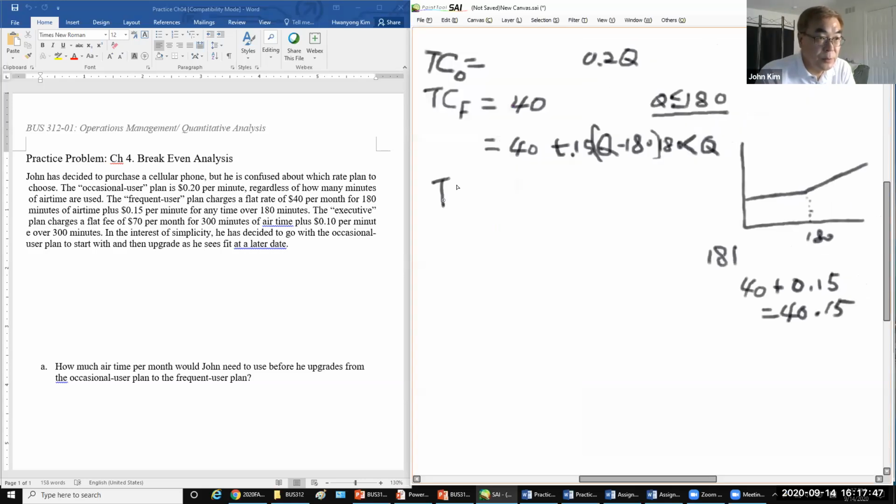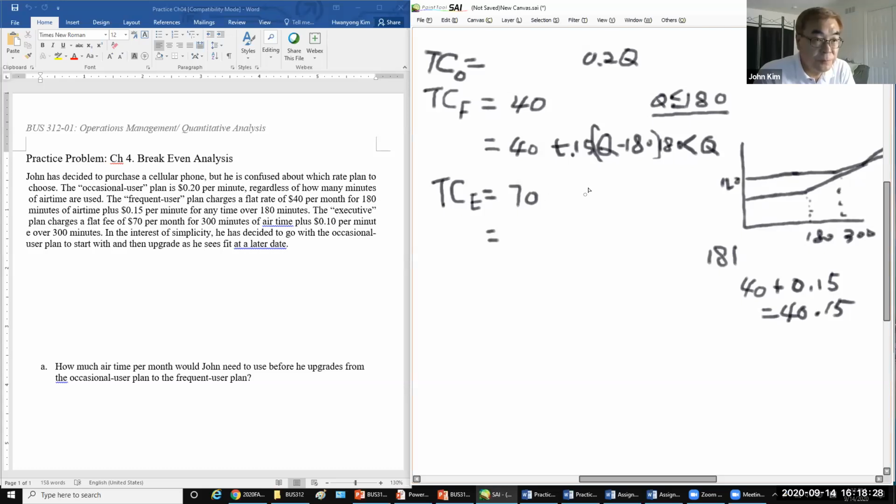And then the third one, total cost, executive plan equals up to 300 minutes, $70 flat, the same as the second one. $70 up to 300 flat, and then increase by 10 cents.